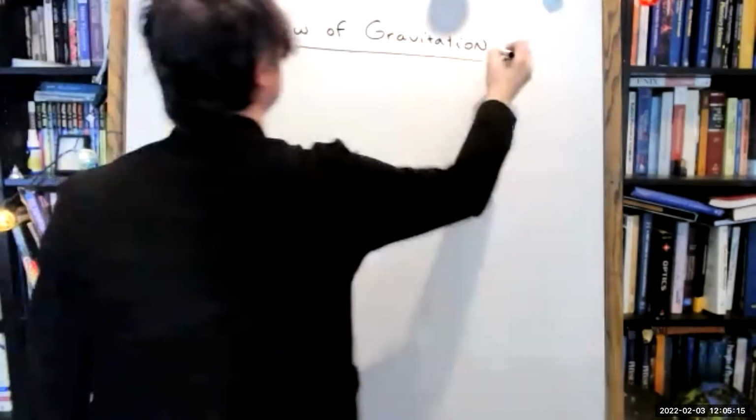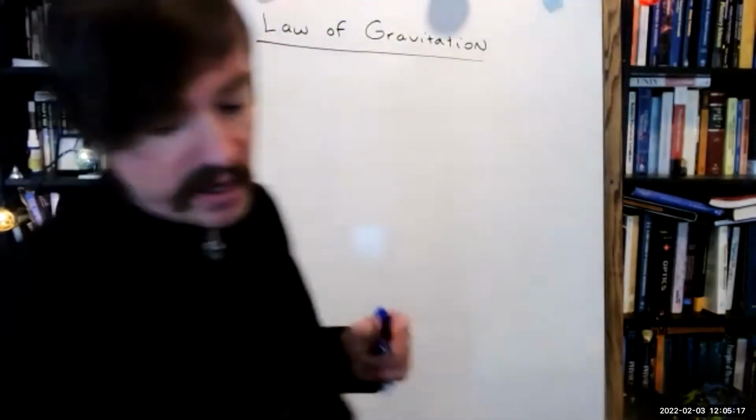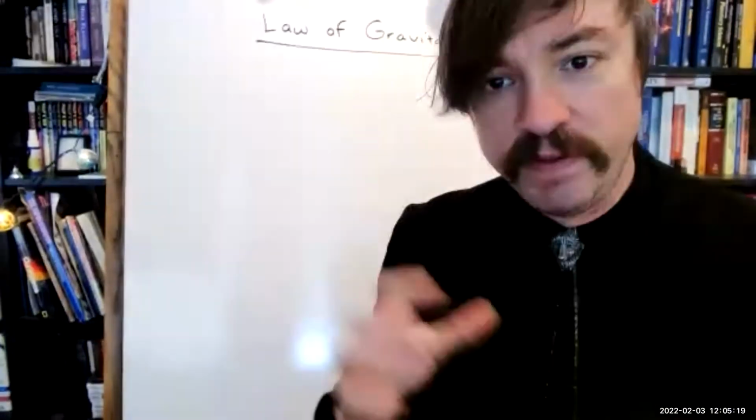It's called the universal law of gravitation because Isaac Newton was one of the first people to realize that the forces which govern the motions of bodies on Earth are the same forces that govern the motions of bodies in outer space.